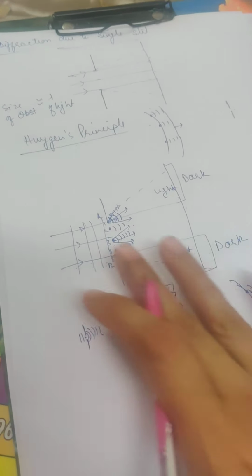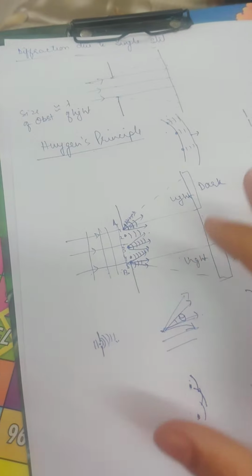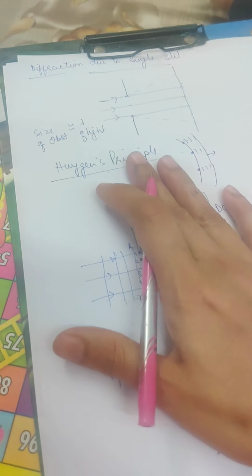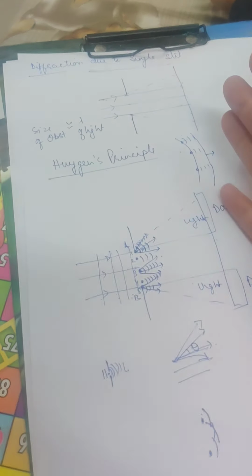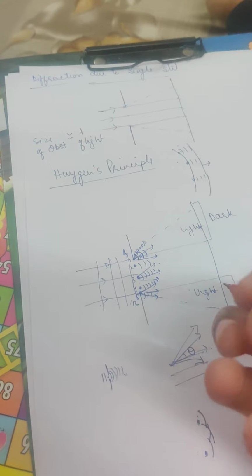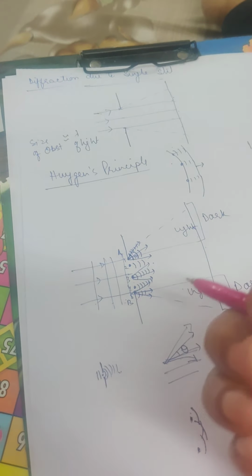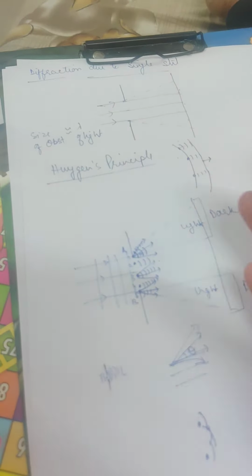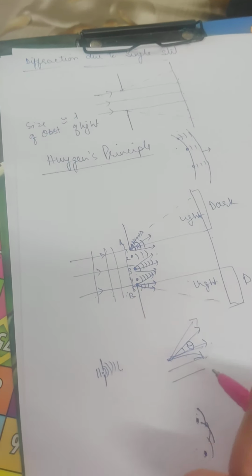We will derive the conditions for maxima or minima in our next lecture. Maxima and minima are the same as constructive and destructive interference; we say the bright bands and the dark bands. In diffraction we use the terms maxima and minima.